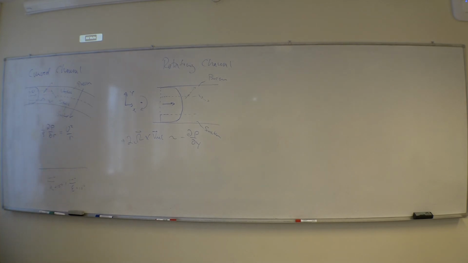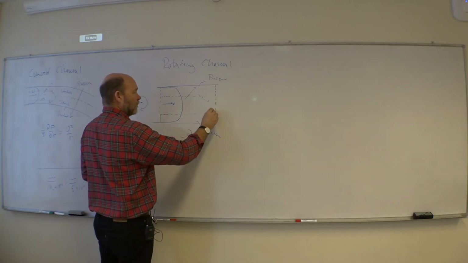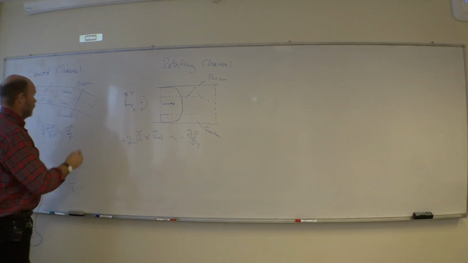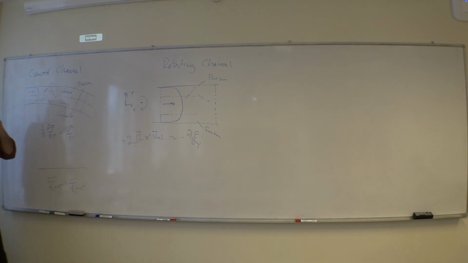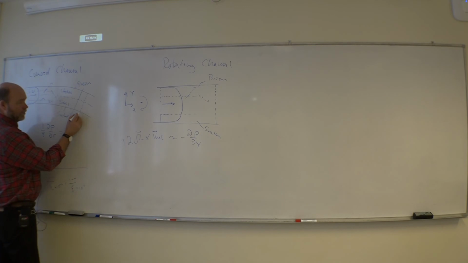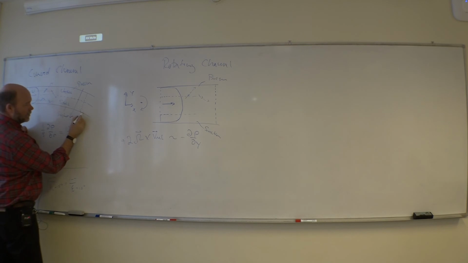So what will the velocity profiles actually look like? Here or here? Well, on the stable side, it tends towards a laminar flow. And a laminar flow here is faster than a turbulent one, so this velocity will maybe look something like this.